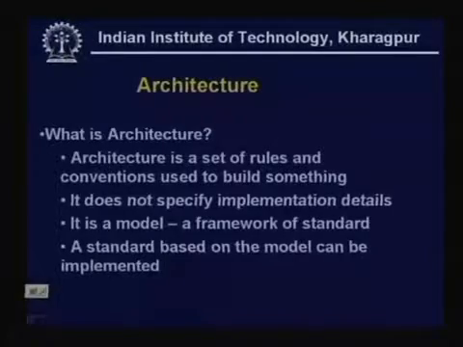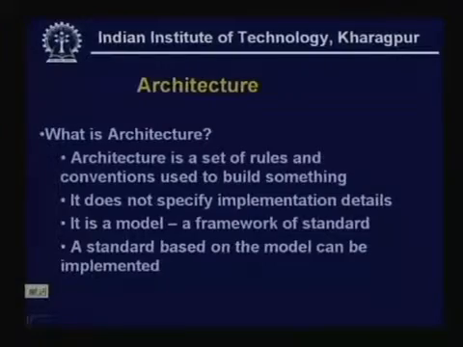For example, when we say Roman architecture or Gothic architecture, we usually refer to some stylistic pattern of a building. It does not say how it has been implemented. Those details are not known. Essentially, it is a model, and the model can be considered as a framework of standard, and a standard based on model.